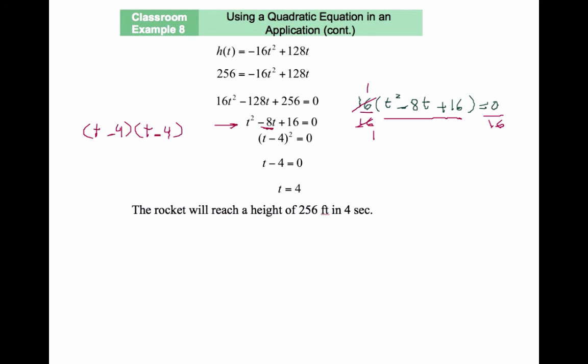And then if both of these are minus, they give me that minus 8t. You can refer to my sessions on factoring if you still have a problem with factoring. You get t minus 4 squared is equal to 0. So t minus 4 is equal to 0. So t is equal to 4. The rocket will reach a height of 256 feet in 4 seconds.